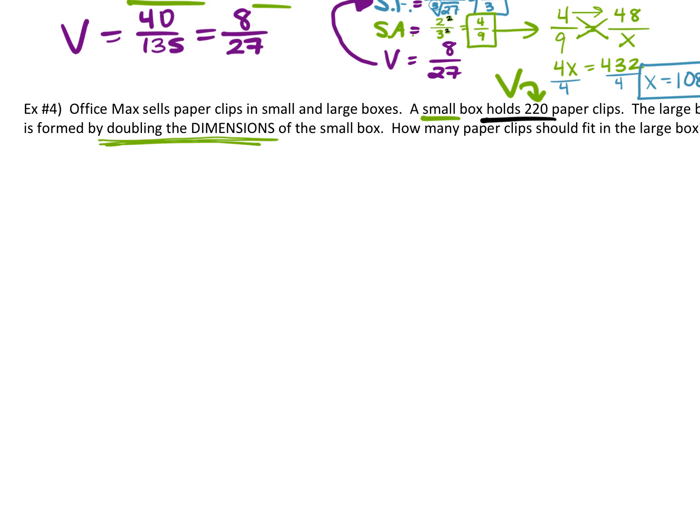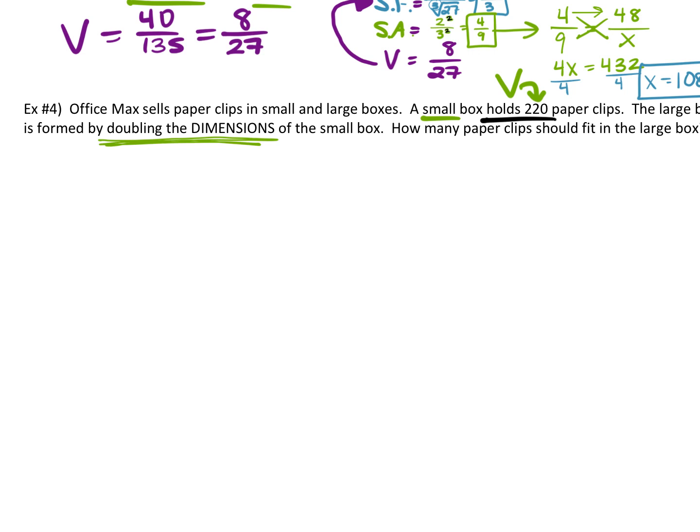How many paper clips should fit in the large box? It's not 440. What do you think, Michaela? Is the equation 220 over x equals 2 over 1? No, 1,760. How'd you get that? 2 cubed.